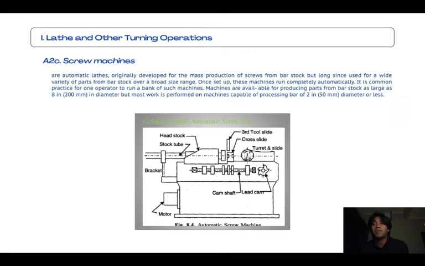Machines are available for producing parts from bar stock as large as 8 in, or 200 mm, in diameter, but most work is performed on machines capable of processing bar of 2 in, or 50 mm, diameter or even less.